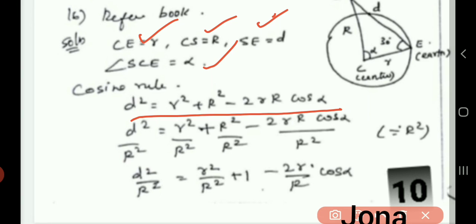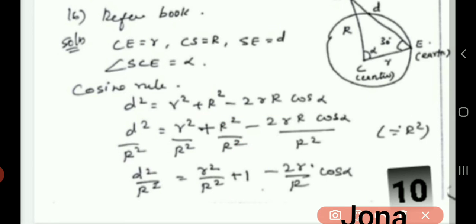So divide each and every term by R square. Therefore d square by R square equal to r square by R square plus R square by R square minus 2rR cos alpha divided by R square. I can cancel this R square and R square, so that we get 1 here. Keep all the other things as they are.